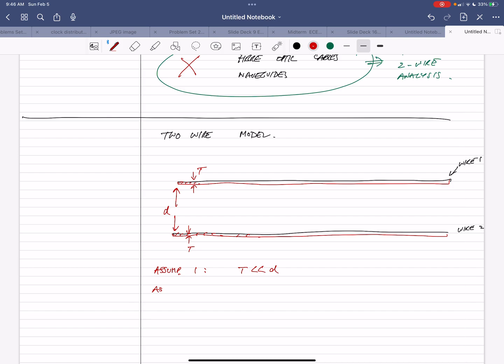Assumption 2 is that if we call L the length of the wire, then D, the separation between the wires, is much smaller than the length. So those are the two assumptions we're going to make.